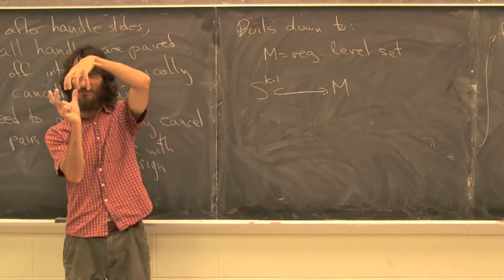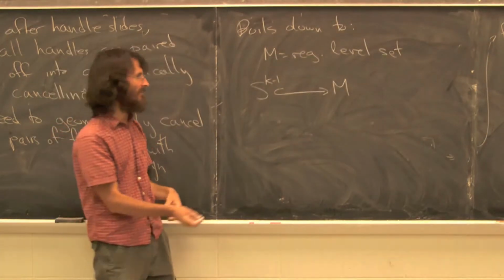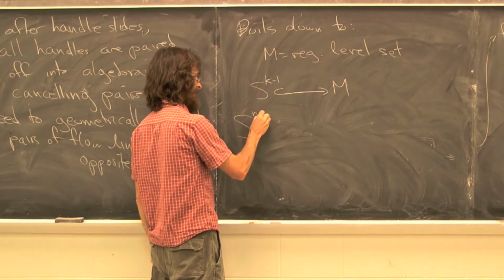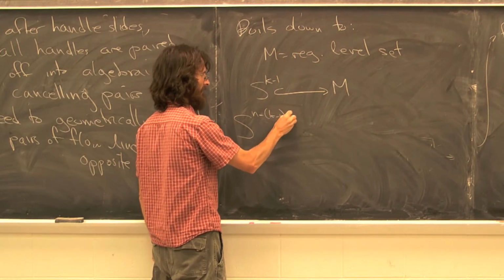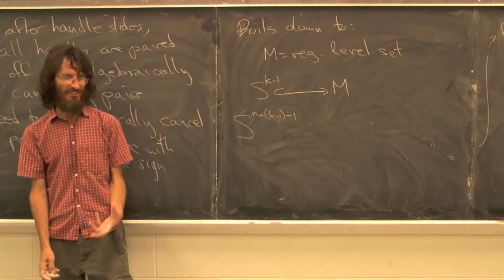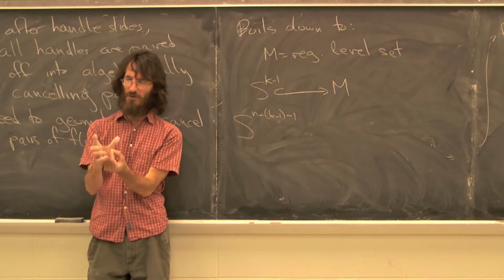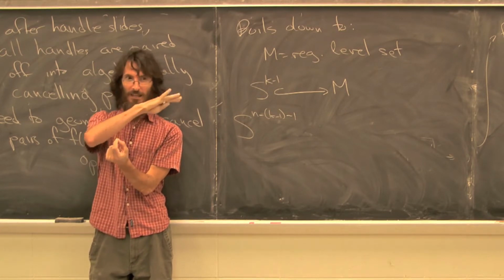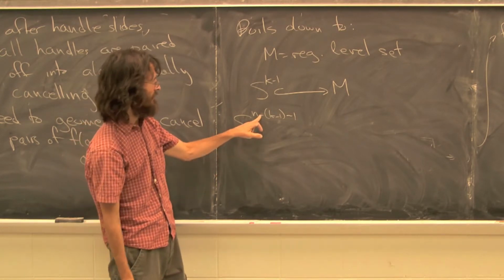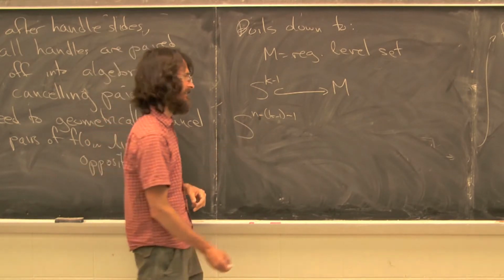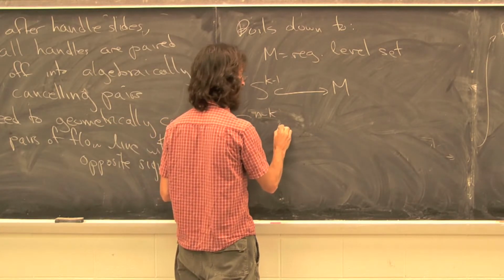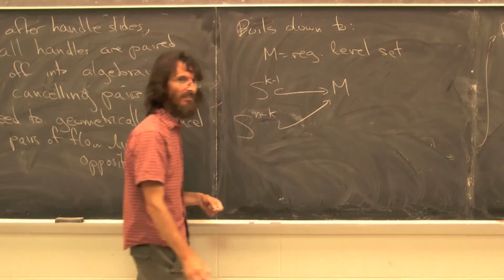The ascending sphere for a k-1 critical point is going to be S. It's ascending, so it's n minus (k-1) minus 1, right? Because I've got a k-1 critical point, its ascending manifold has dimension n minus (k-1), and I'm intersecting a level set, which of course is just n minus k. Also embedded into n, right?